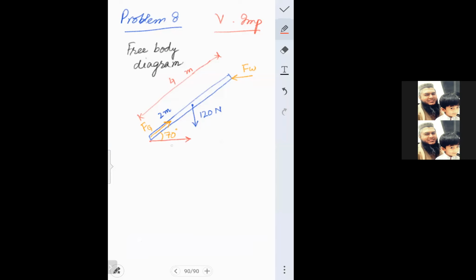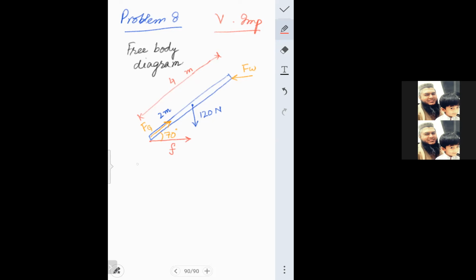And the force of friction is normally denoted by small f. If there was no force of friction on the ground, the ladder would have slipped in the opposite direction. So there is friction acting on the right side, which is preventing the ladder from slipping on the left side. Now this is the free body diagram. We have drawn the ladder in isolation.